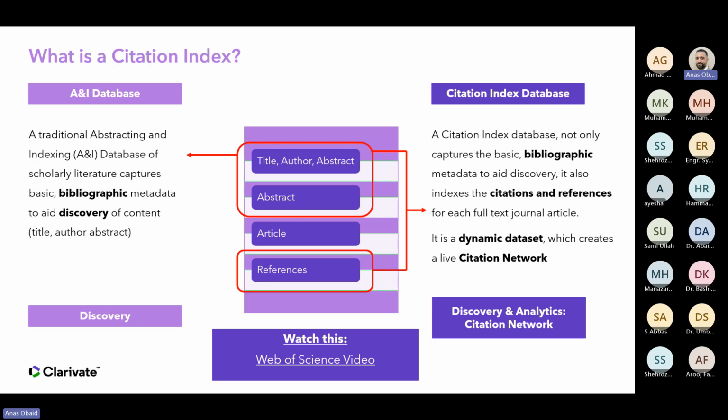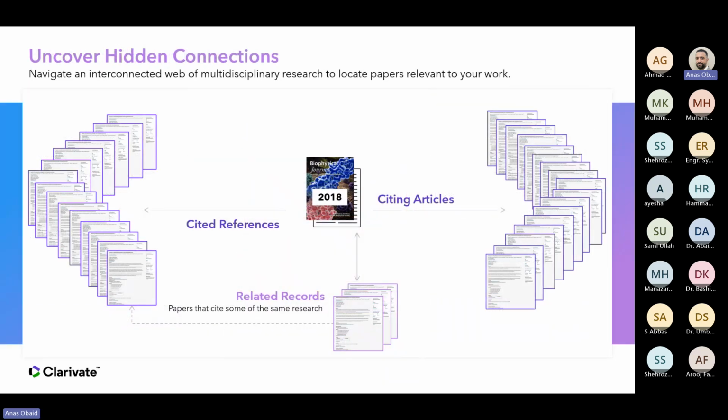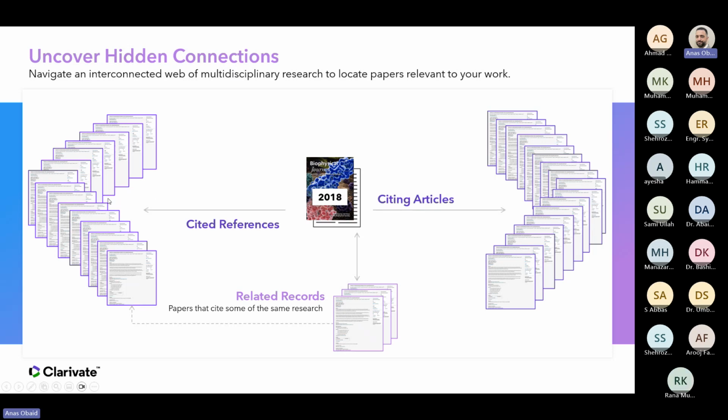How can I benefit from it? And what is the benefit of those citation indexes? Let's imagine that this paper was published in 2018, and this author or authors cited, let's say, 50, 60 references. And there's a new paper published in 2022 citing this paper. So by knowing this citation and the references, I can go backward. I can see where the idea started and how it evolved in the future.